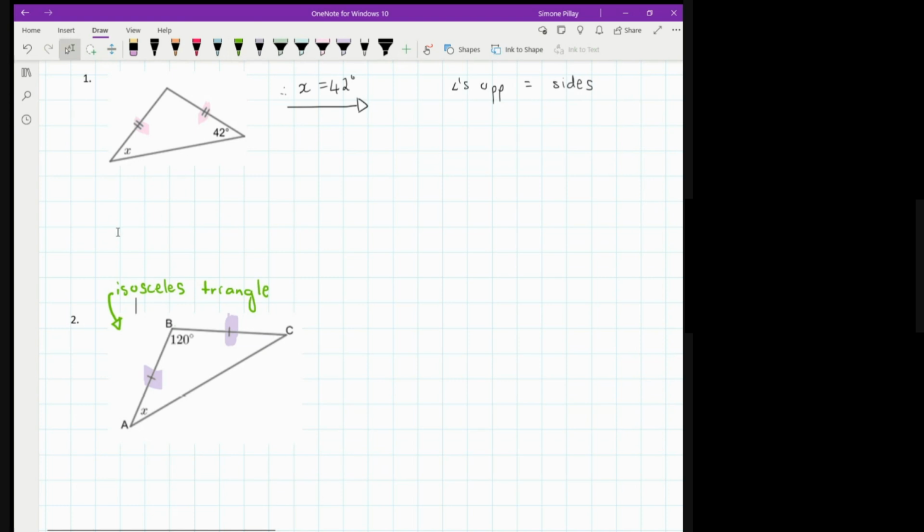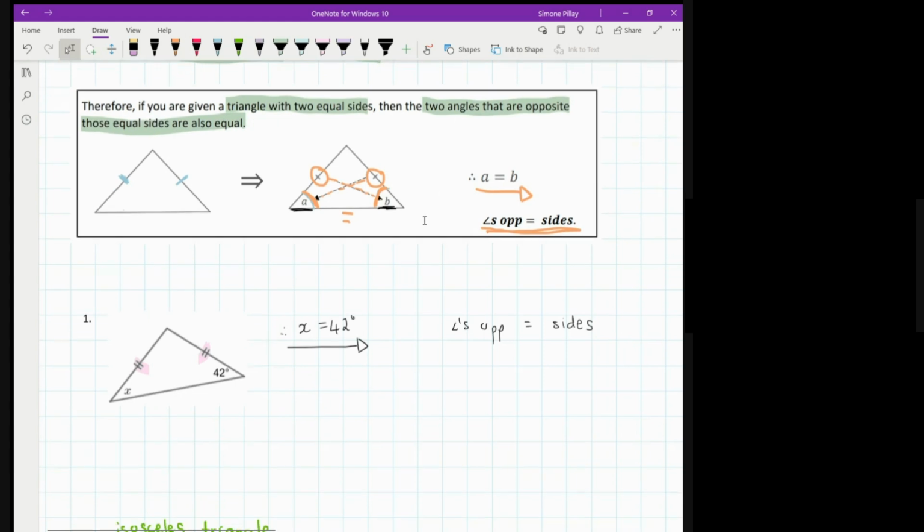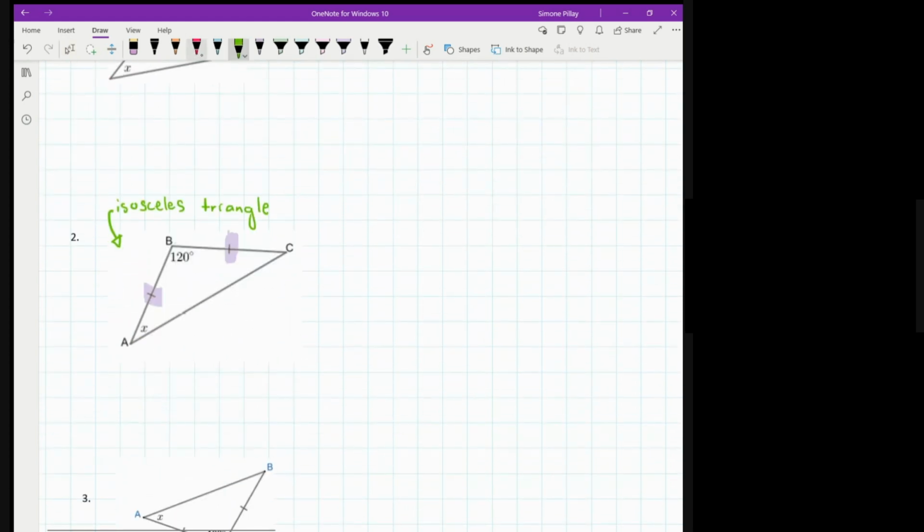Okay, cool. So this is an isosceles triangle. The minute I see an isosceles triangle, immediately this rule is ringing a bell. Alarms are going off in my mind that I can use this rule. So what can I see? This is not my unknown, but what I do know is that we know the top angle, but we don't know this bottom angle over here, which is x.